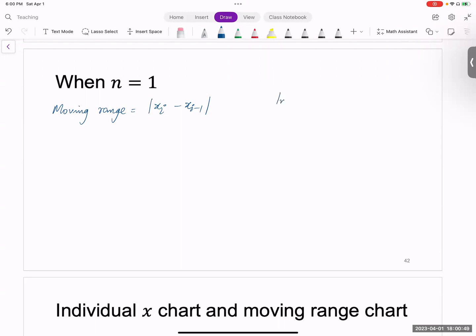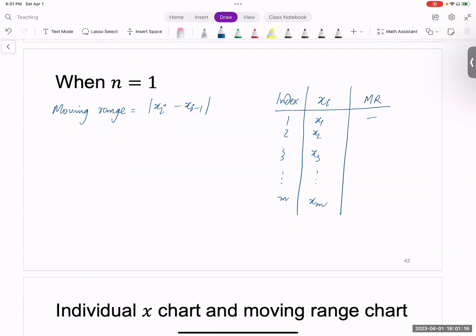So let's say for every index 1, 2, 3, up to m, you have observations xi, let's say x1, x2, x3, up to xm. Now we can compute the moving range, MR. For the first sample, there's no moving range. For the second sample, it is the absolute value of x2 minus x1.